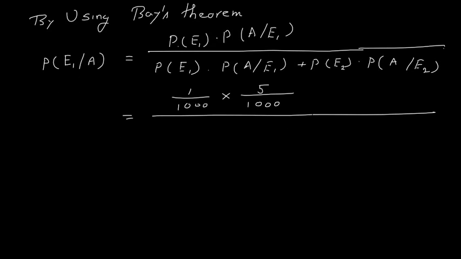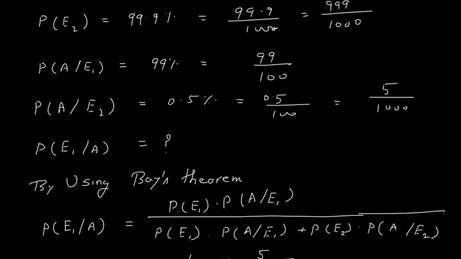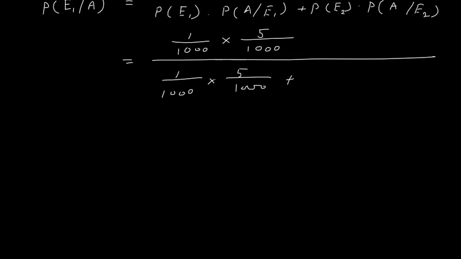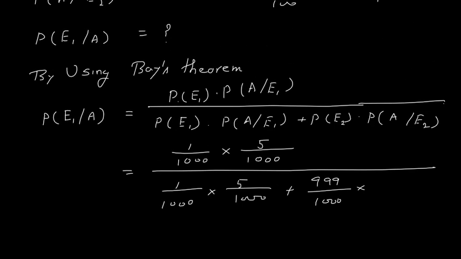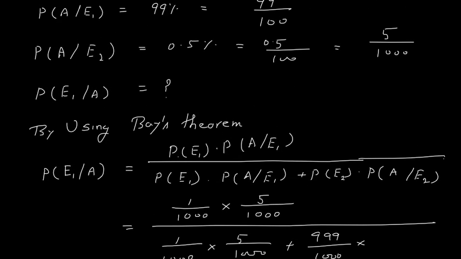here we have 1 divided by 1000 multiplied by 5 divided by 1000 plus probability of E2, which is 999 divided by 1000, multiplied by possibility of A by E2, which is 5 divided by 1000.